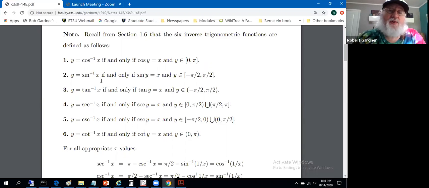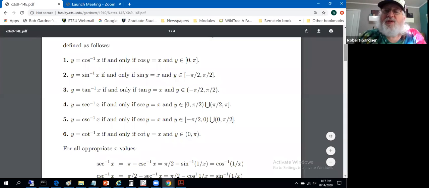Y equals sine inverse of x if and only if the sine of y equals x and the y value is between -pi/2 and pi/2. Tangent inverse: tangent y equals x, and y is between -pi/2 and pi/2, excluding the endpoints. Tangent of pi/2 and tangent of -pi/2 are neither defined. So that puts some constraints on what we can get out of a tangent inverse function.